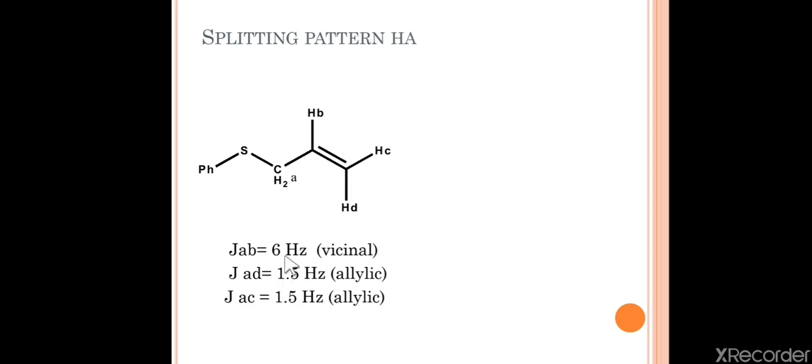When there are the same coupling constants, we can consider any one of them, because it is customary, not a rule, that we consider the largest coupling constant first. So don't be so hard with the values. A will split with HB, HC and HD. Of course it will be doublet of doublet of doublet, but first the splitting will be the vicinal coupling splitting.